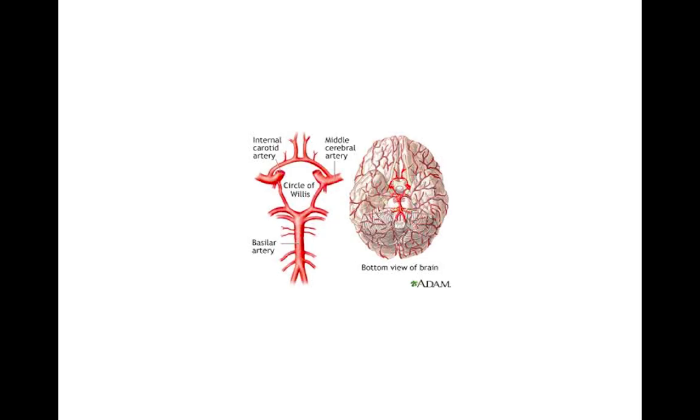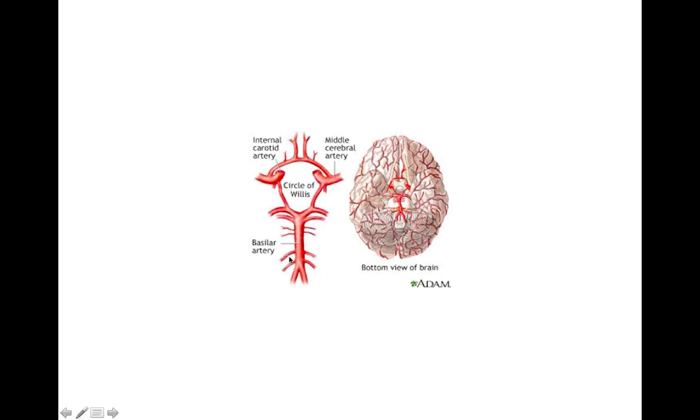The basilar artery is formed by the union of the two vertebral arteries. You see here, these are the vertebral arteries. They are the branches of the subclavian arteries. They enter the vertebral column at the sixth cervical vertebra. They enter the cranium through the foramen magnum. They join together at the lower boundary of the pons to form the basilar artery.